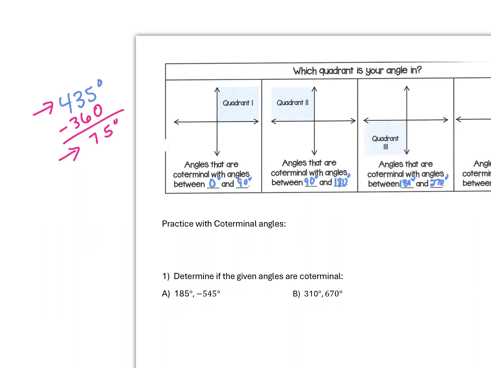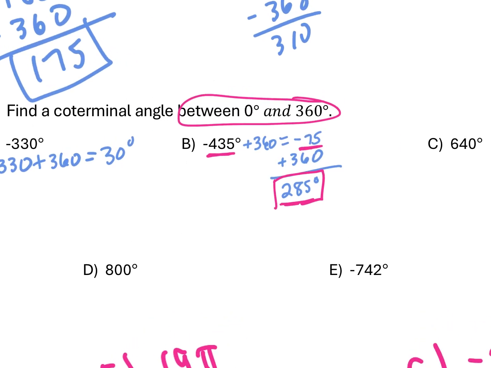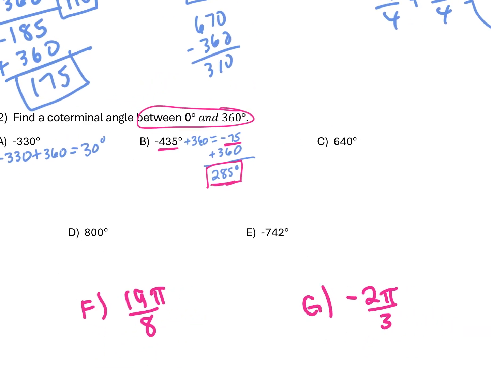So wherever a 75 degree angle is, that's where 435 degrees is. 75 degrees is in which quadrant? Quadrant 1, so we know this would be an angle that terminates in quadrant 1. Okay, so that's one of the applications of when you're going to use coterminal angles. I'll keep going. All right, so 640, let's look at that one.